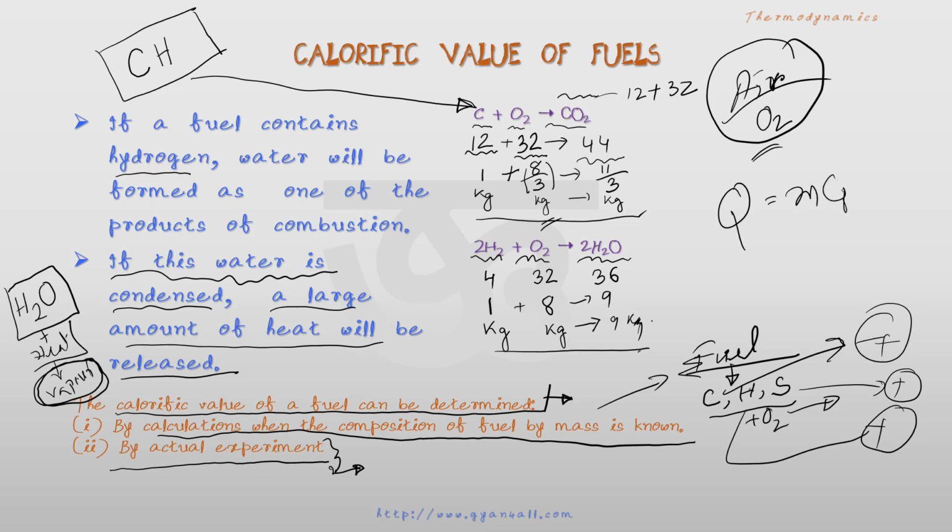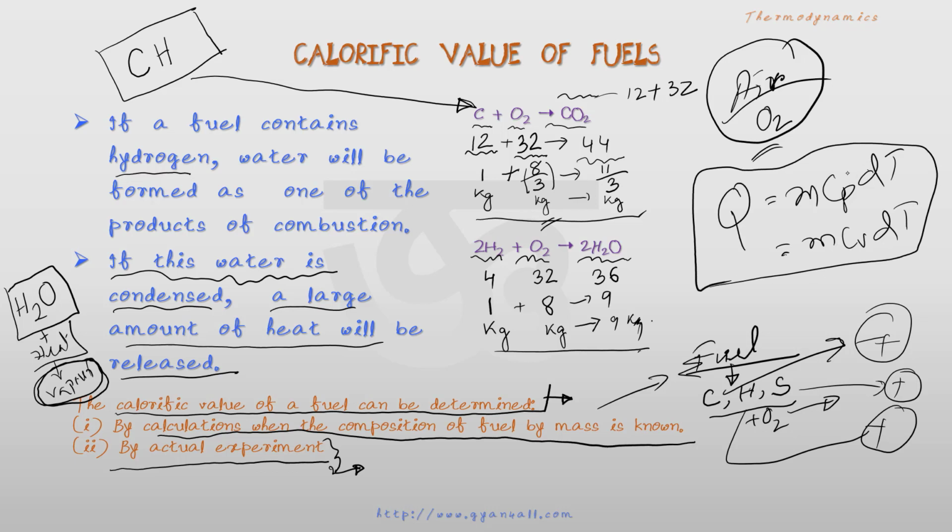It is either mCp dT or mCv dT. So if our instrument is at constant pressure, then we will consider the first formula. If volume is constant, then we will consider the second formula. Accordingly, by using some experimental method, we can measure the calorific value of some fuel.